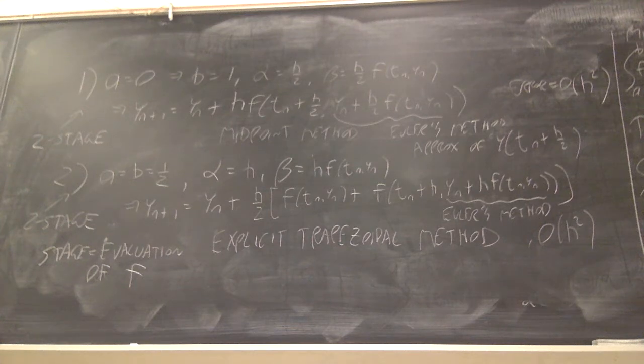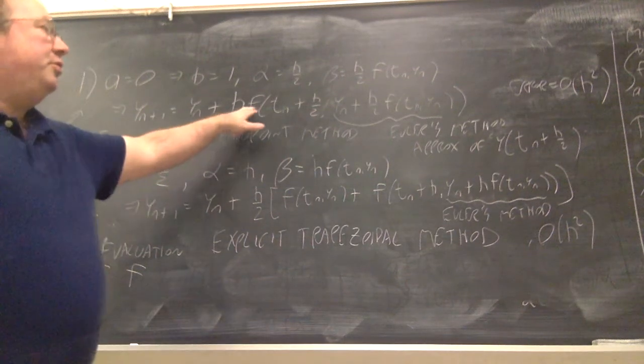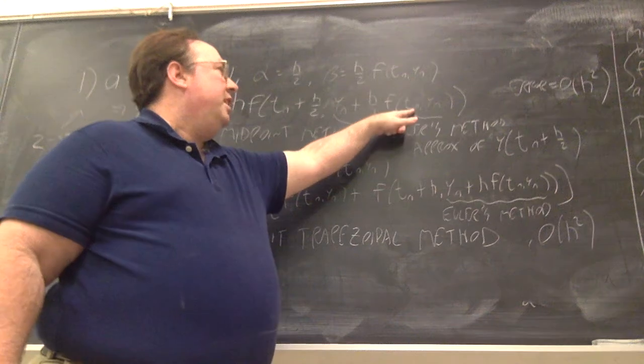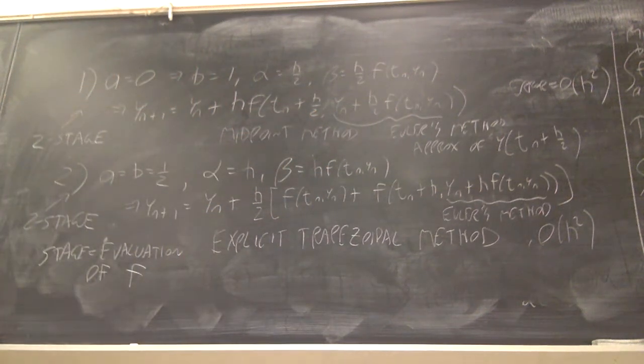It's how many times you have to evaluate f to implement a method. So even though we only have one call to f out here, we also have to evaluate f at this point, t n, y n, and then this other point here involving the midpoint. So two evaluations of f are required for both. So neither method really has an efficiency advantage over the other.